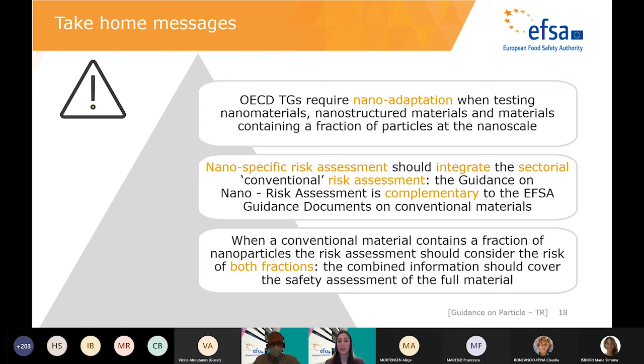And lastly, when a conventional material contains a fraction of nanoparticles, the risk assessment should consider the risk of both fractions, so the combined information should cover the safety assessment of the full material.